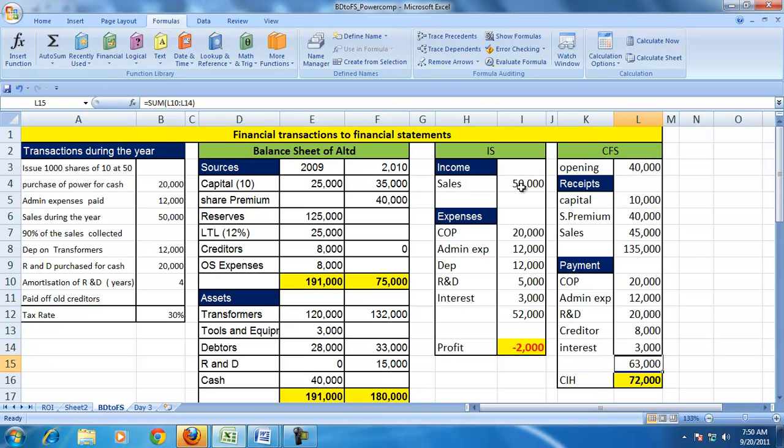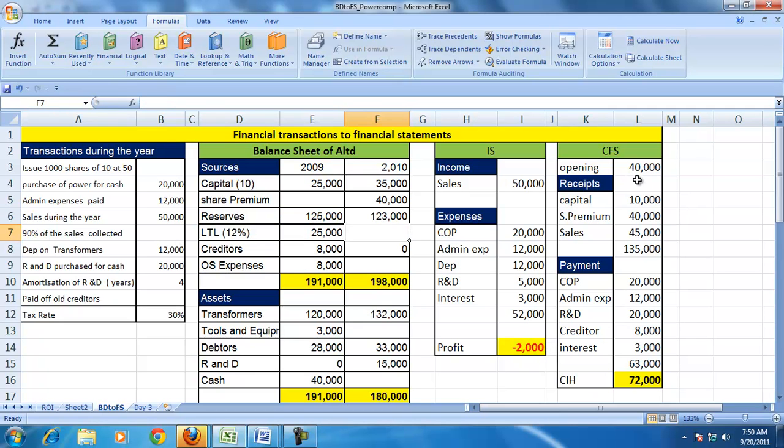So total income 50,000, total expenses 52,000, so there is a negative profit of 2,000. If no information is given, we will include that in the reserves instead of showing it as a separate item.